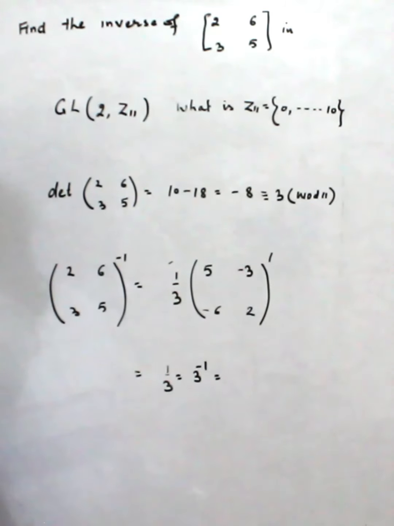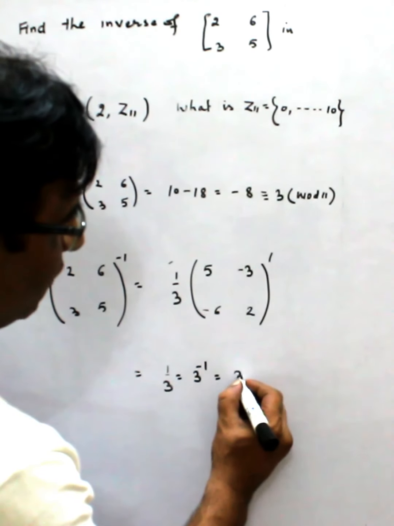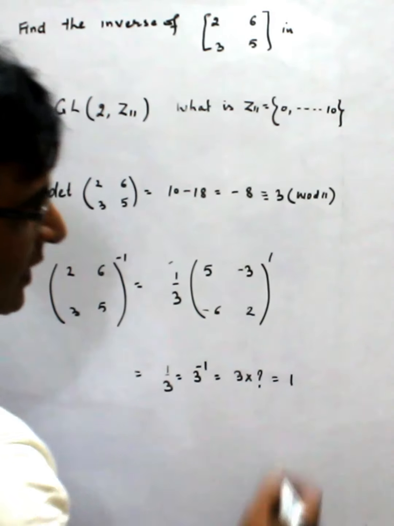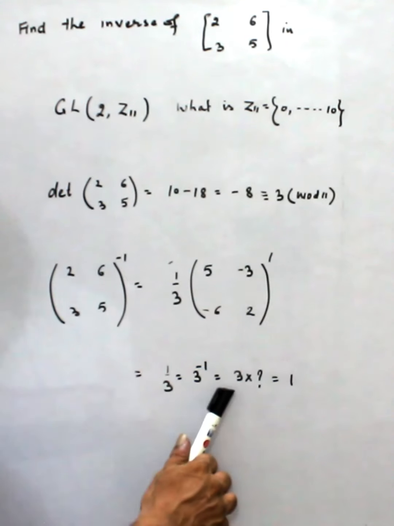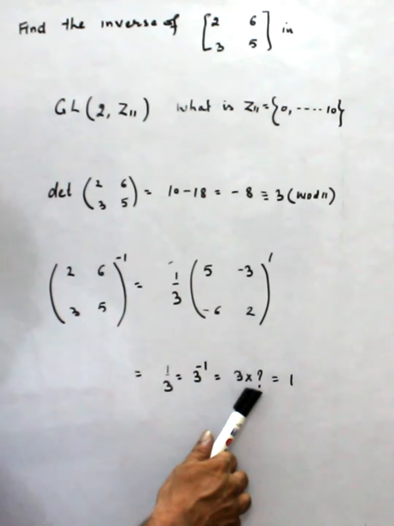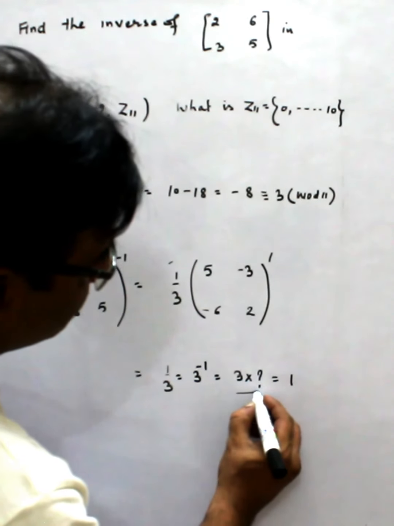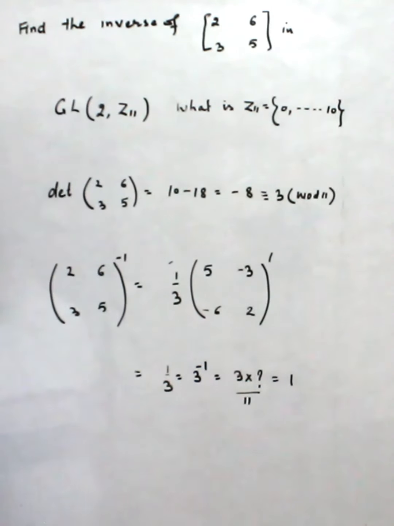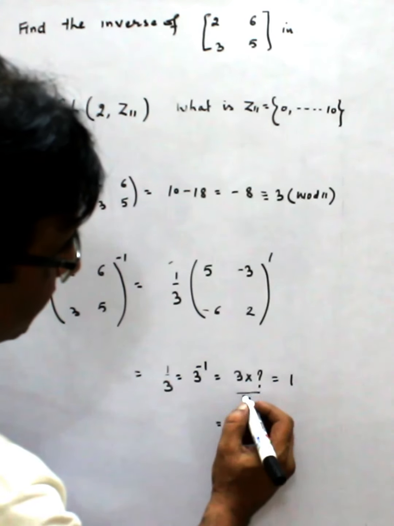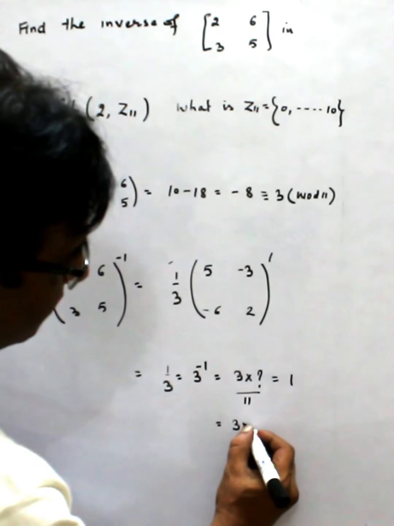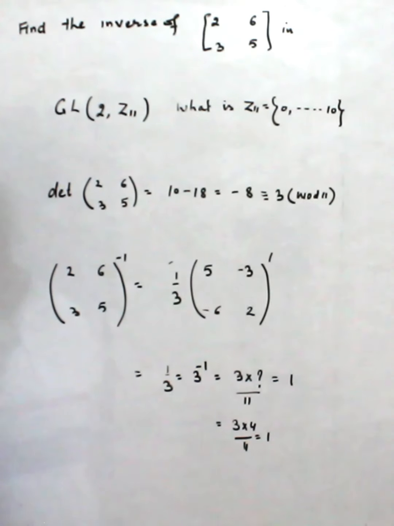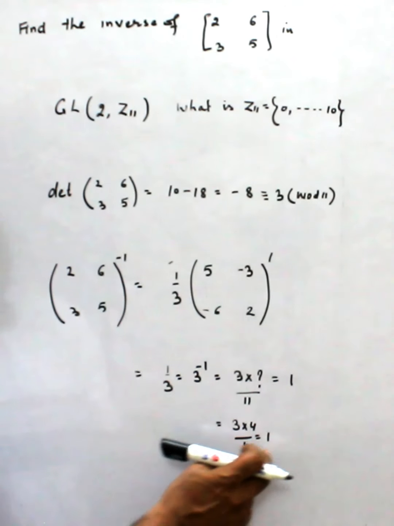That means the multiplicative inverse: what do I multiply with 3 so that I get remainder 1? If I multiply by 4, it becomes 12, and because the modulo is 11, 12 divided by 11 gives remainder 1.